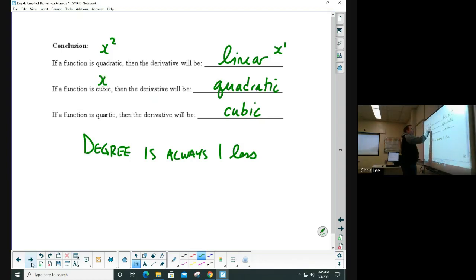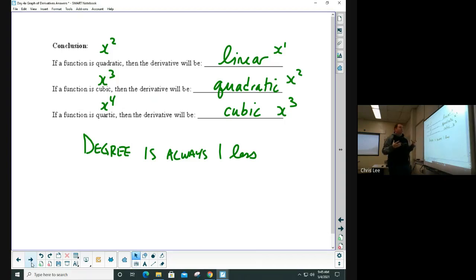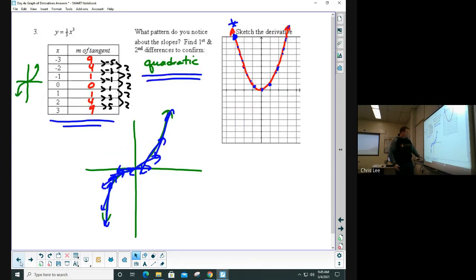This is an x cubed, and the derivative is an x squared. And this is an x to the power of 4, so the derivative is an x to the power of 3. That is as much of the equations that I want you to guarantee to have by the end of today, but you're starting to notice more of that depending on what's going on and what's in the equation.